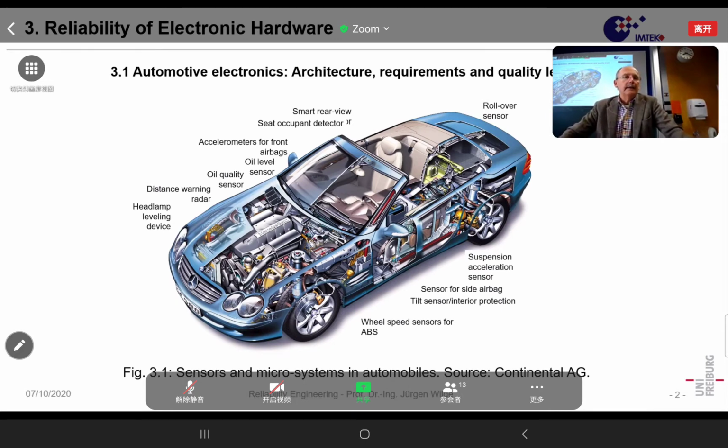Then we have oil quality sensors and oil level sensors. These are often combined. In fact, there has been a quite long development until really functional oil quality sensors were used. Then we have accelerometers. These are devices which give a signal on the basis of which the front airbags, or also nowadays side airbags, are released.